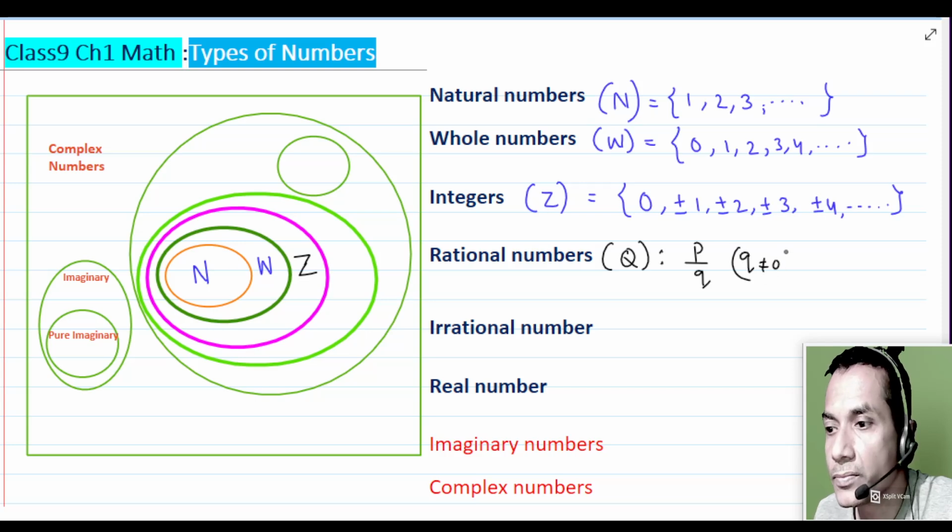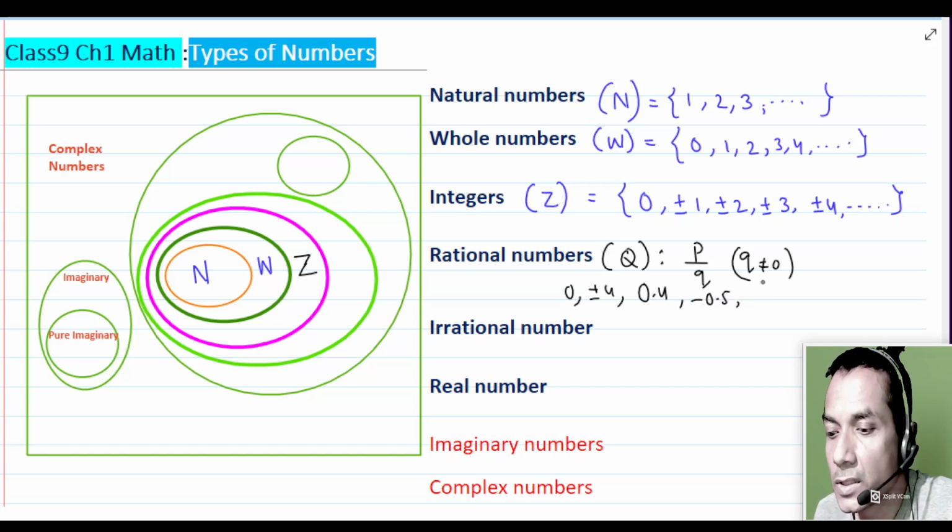Clear? So what are the rational numbers? The rational numbers include all integers. So plus minus 4 is also a rational number, 0 is also a rational number, because all these numbers can be represented in p by q form. Also 0.4, minus 0.5.